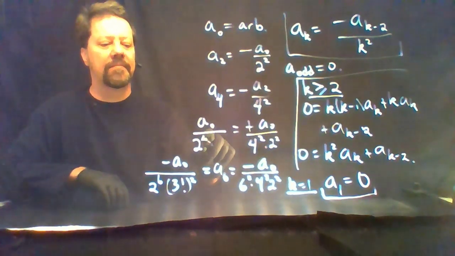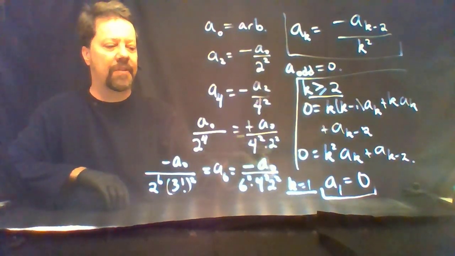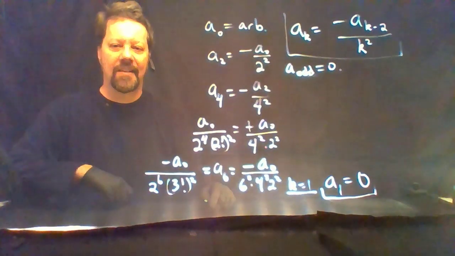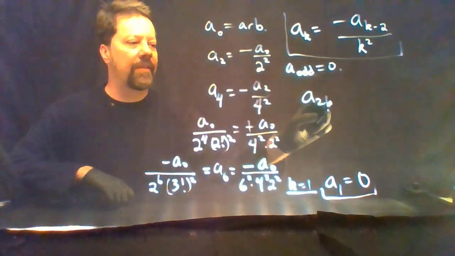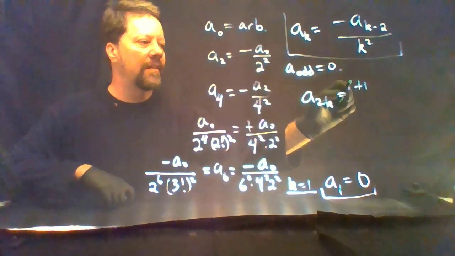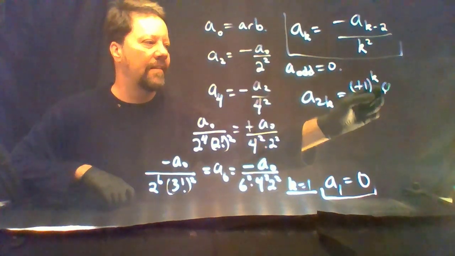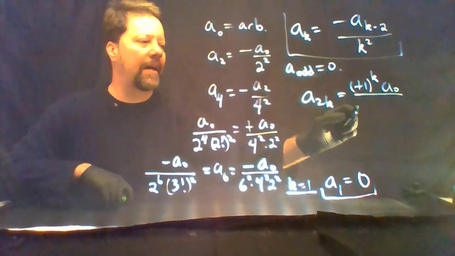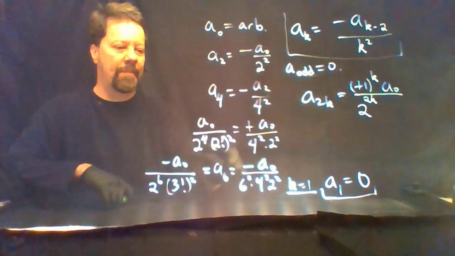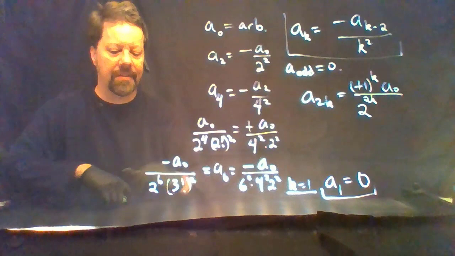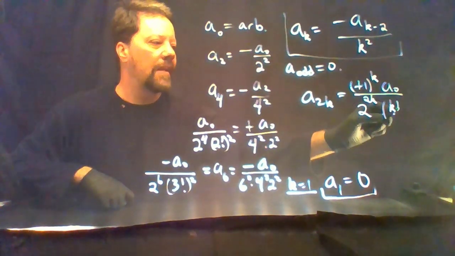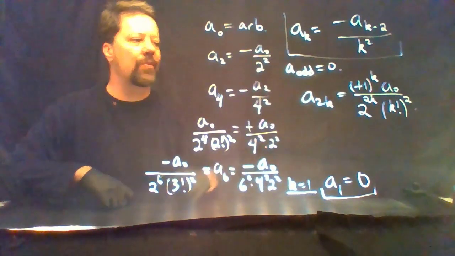And then you'll have 2 times 1 quantity squared. So I think you can see that as long as you're dealing with even subscripts, a sub 2k, you'll get negative 1 to the k a naught divided by 2 to the power of 2k. 4 will match the subscript here, 6 matches the superscript here. K factorial squared.